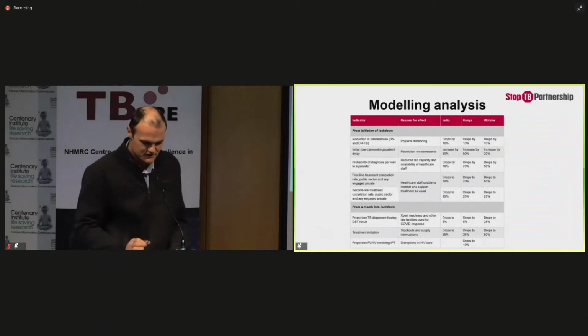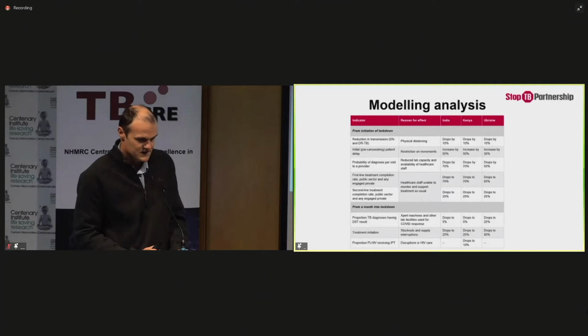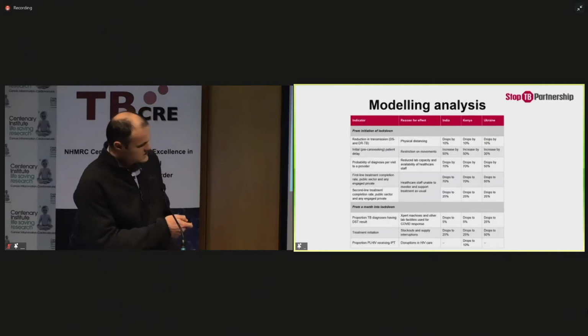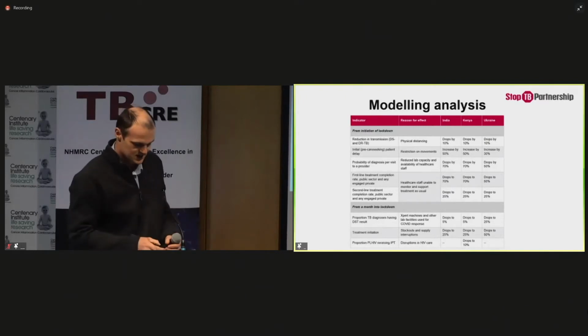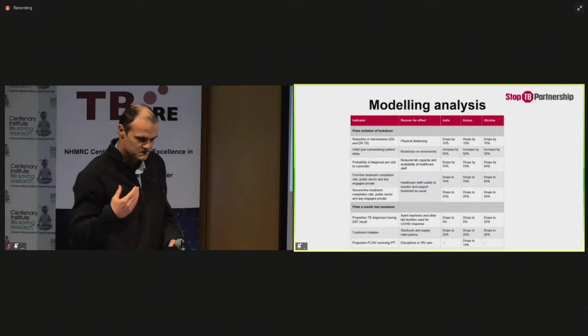I just briefly want to touch on this modeling analysis and some of the assumptions that were made at the time. We all know some of the limitations from modeling, but this was an important outcome which the TB partnership, Stop TB partnership, led, and it was really trying to capture what we should expect the impact from the COVID epidemic will be on TB globally.